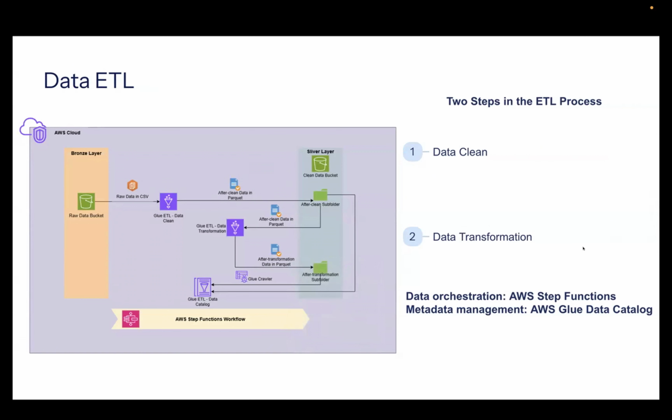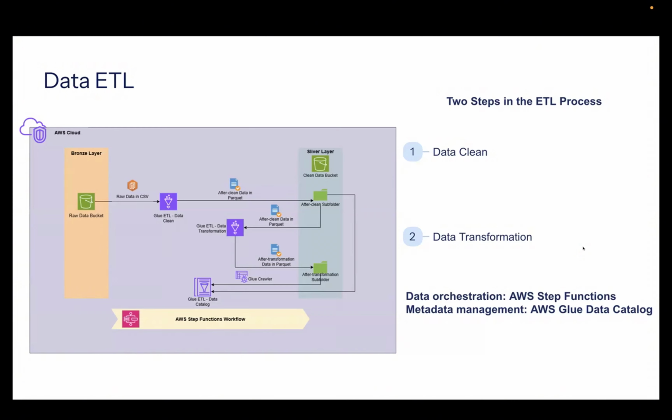First, let me introduce the overall architecture of this ETL pipeline on AWS. The whole process consists of 2 main steps: data cleaning and data transformation. Raw data is initially stored in CSV format, as Toby mentioned, in the raw layer on S3. We then use AWS Glue jobs to clean the data and convert it into Parquet format, storing it in the silver layer.